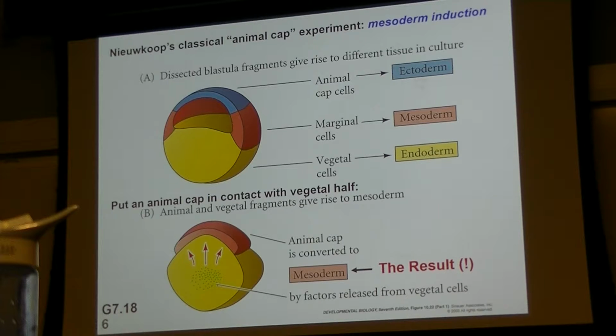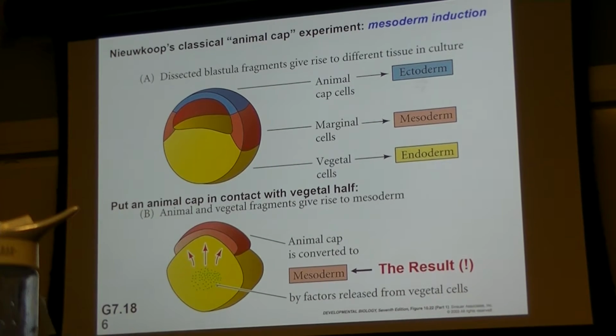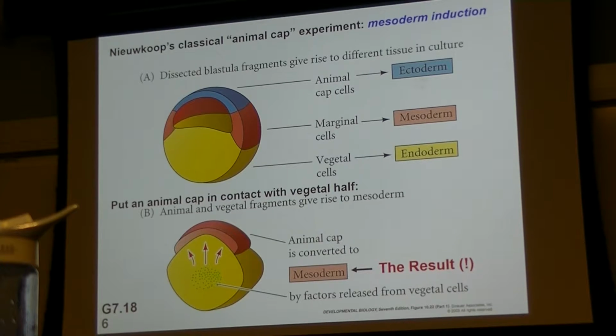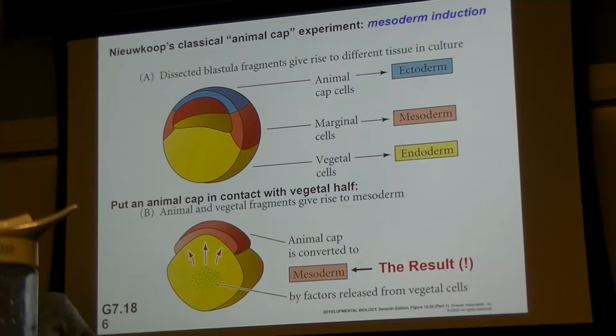So all those cells underwent a total shift in life planning, and instead of becoming ectoderm, now they became mesoderm. So this implied that there must be some kind of signal coming from the vegetal cells that if the animal cap cells saw that signal, they would become mesoderm. But if they were separate from that signal, then they would stay as ectoderm. So this is the model.